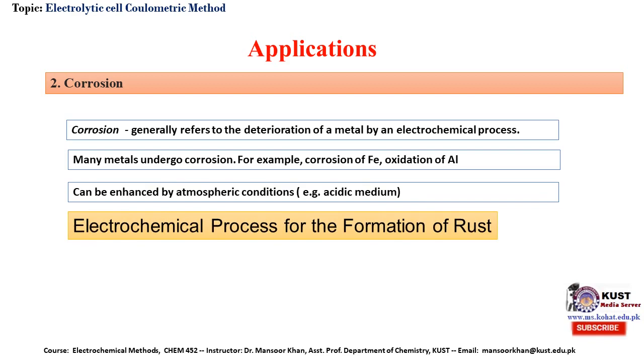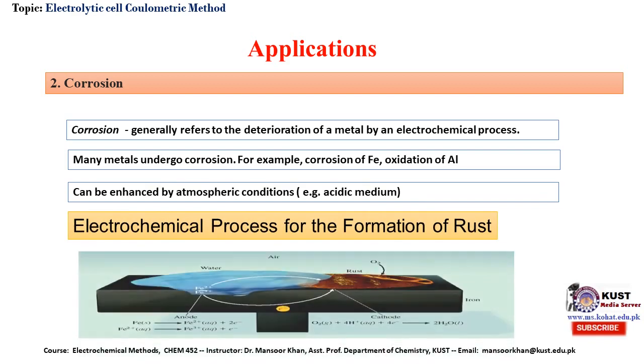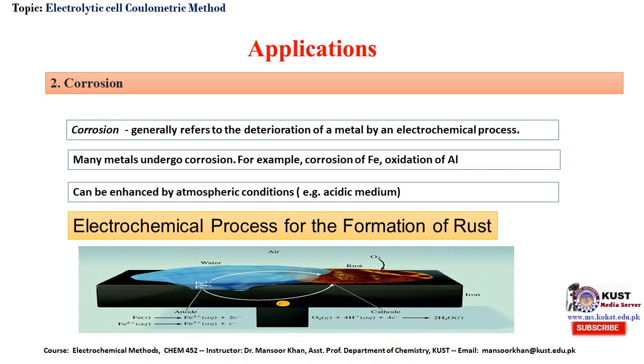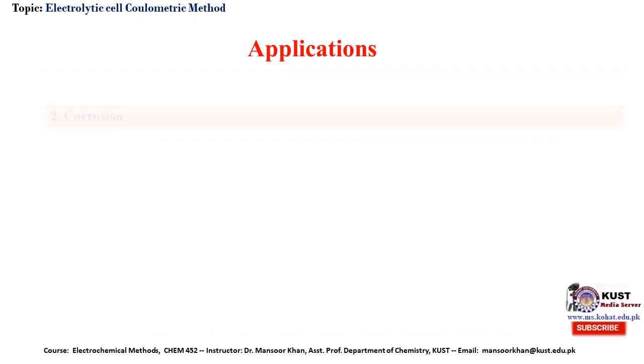Electrochemical process for the formation of rust. This is the image where we can show how the rusting of iron can be removed by using electrochemical processes.